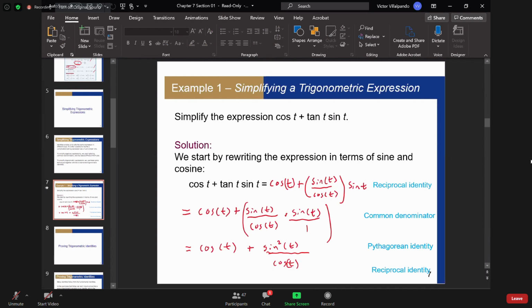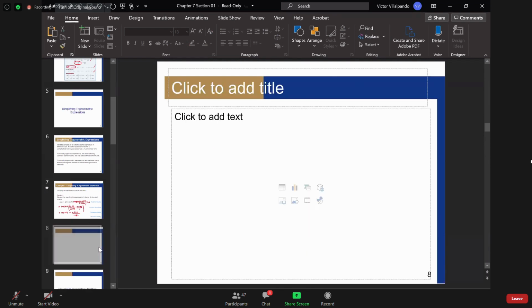So let me make a new slide and copy and paste what I just had. That was cosine of t plus sine squared of t over cosine of t.